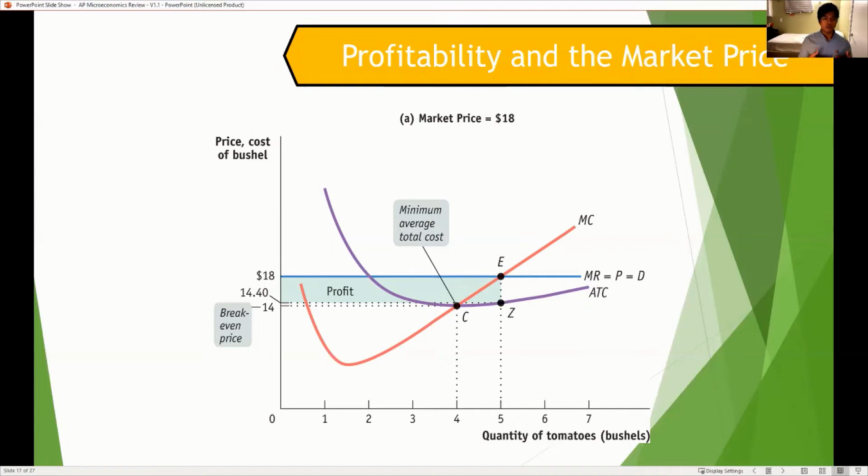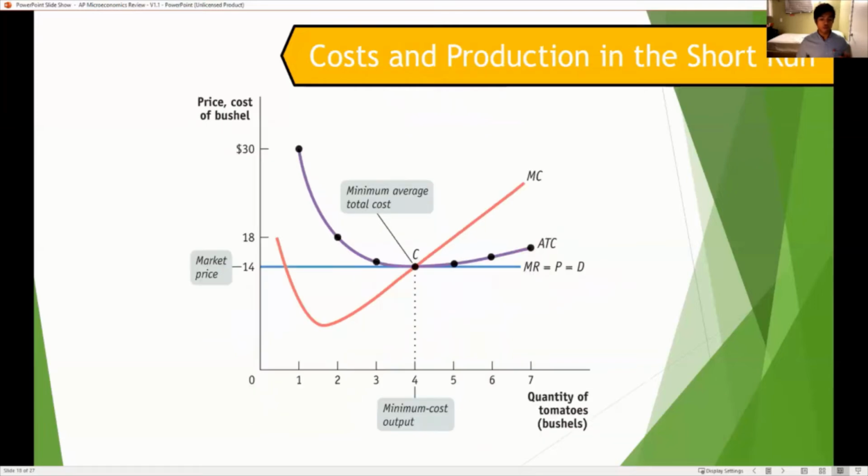Well, prices are going to be lower, and it decreases so much that the marginal revenue curve, or the market price, will intersect essentially the minimum average total cost for all the firms in the industry, which is illustrated by point C, and thus we have 0 profit in the long run.